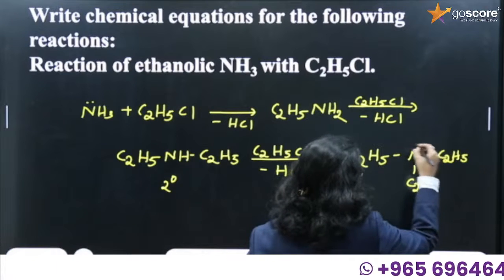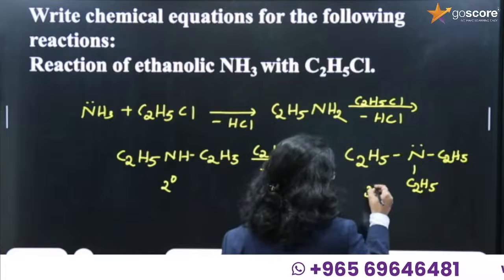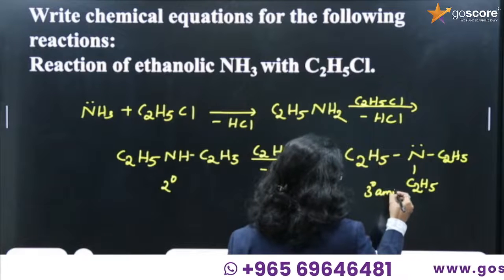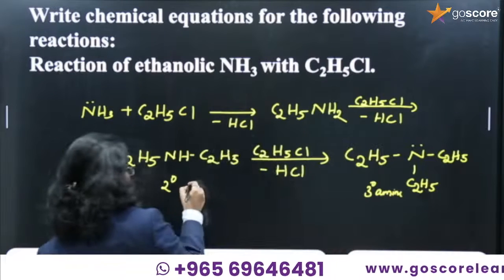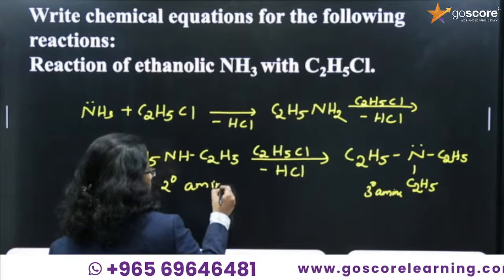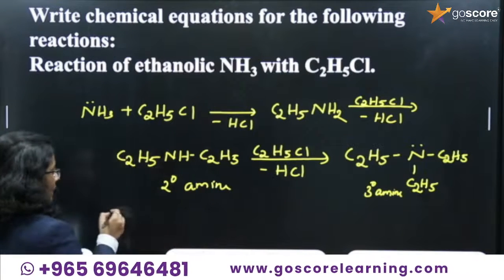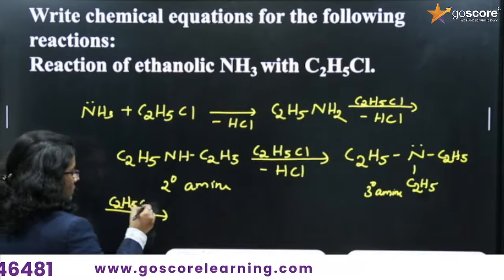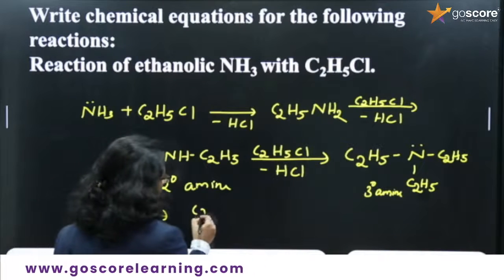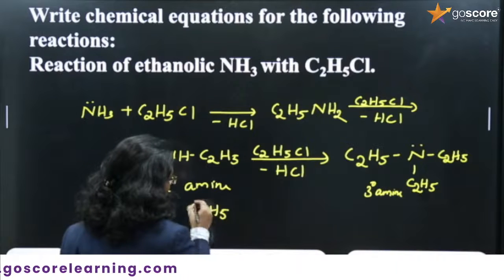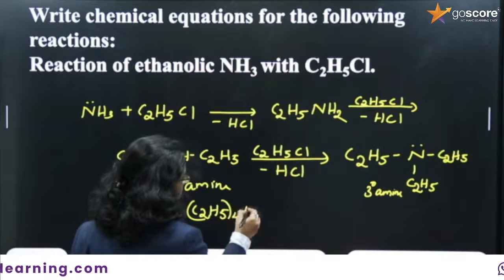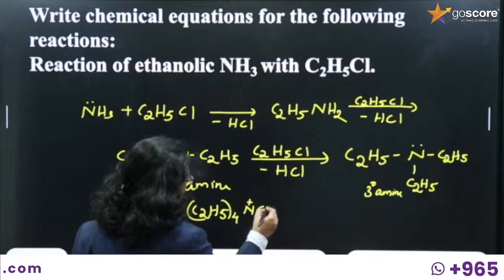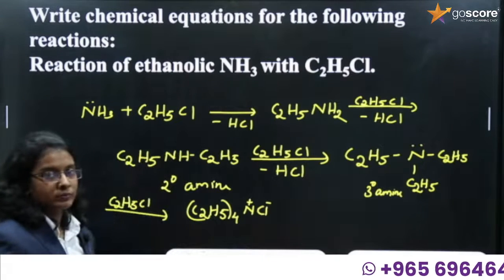So this is a tertiary amine, and before it a secondary amine. Again, if you react with chloroethane, you will get a quaternary ammonium salt.